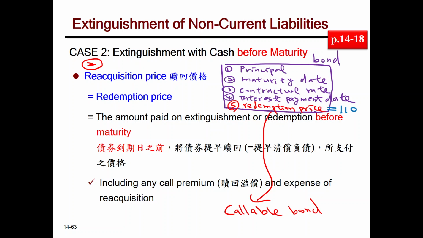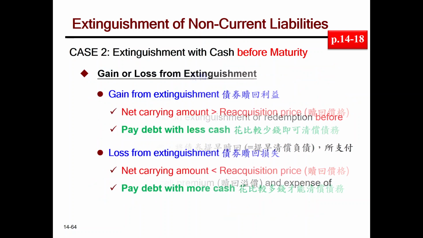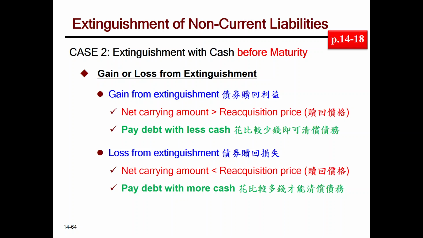So usually you will pay more money to buy the bond. When you pay more money to buy back the bond, it means your redemption price is higher than your book value.